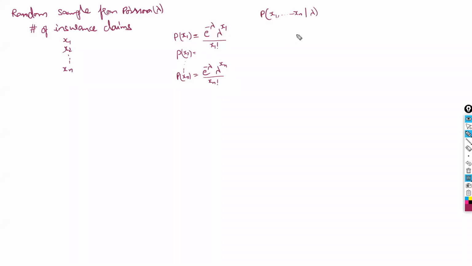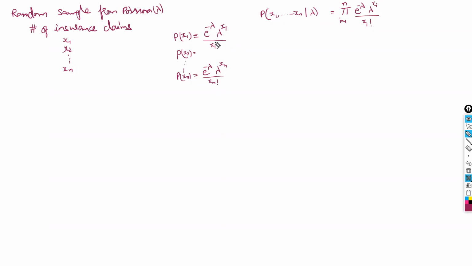And if you were to multiply all of these probabilities, what would you get? You get the product. Summation means sigma. This is the product of i equal to 1 until n of e raised to the power minus lambda into lambda raised to the power xi divided by xi factorial.